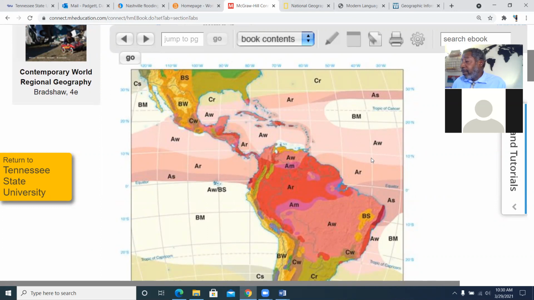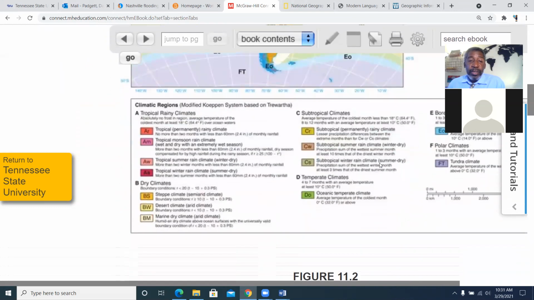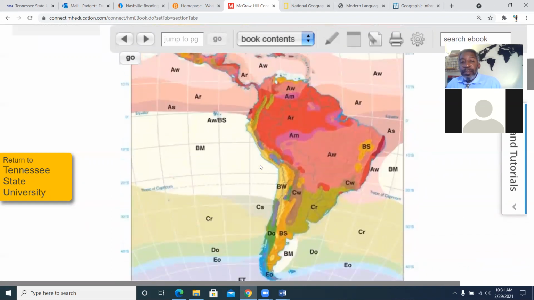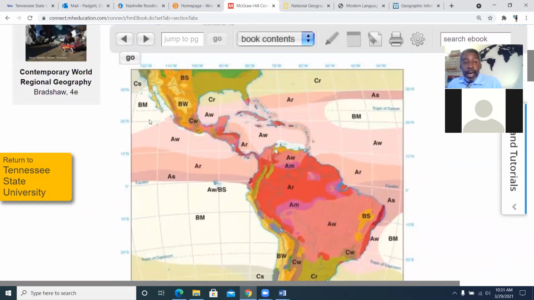These are what we know of as tropical rainy climates, and some of them are tropical permanently rainy climates. Some of them are tropical summer rain. So the A climates are dominant in the region between the Tropic of Cancer, at 23.5 degrees north latitude, and the Tropic of Capricorn, at 23.5 degrees south latitude.